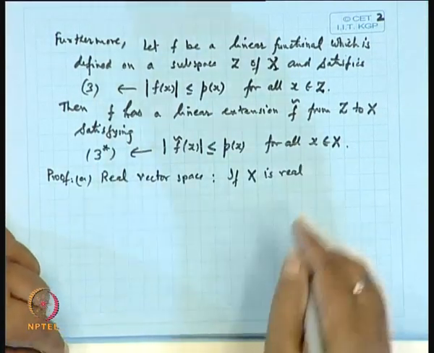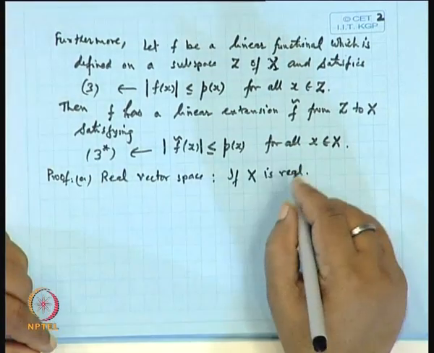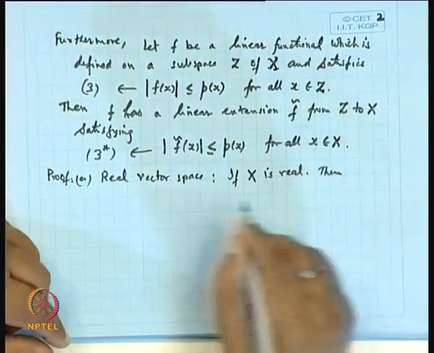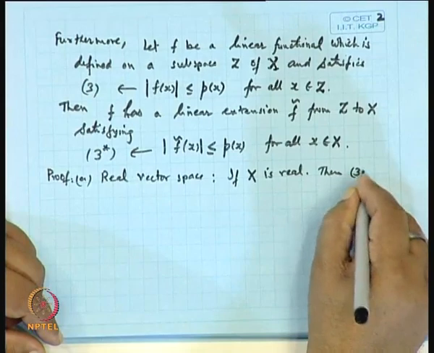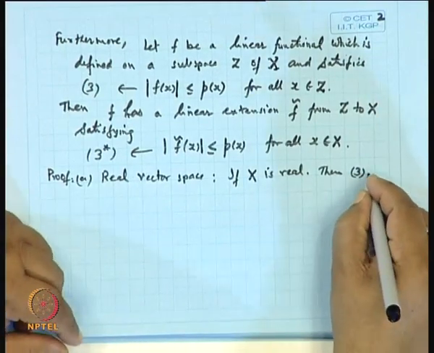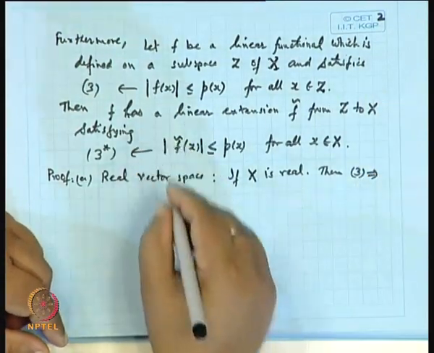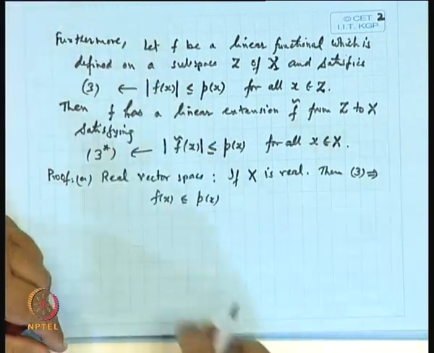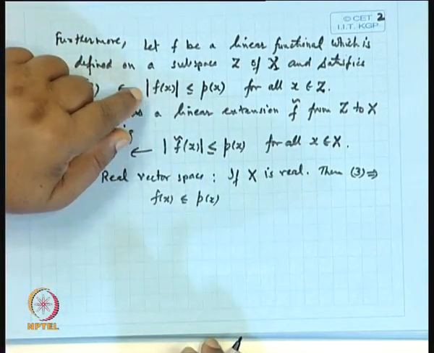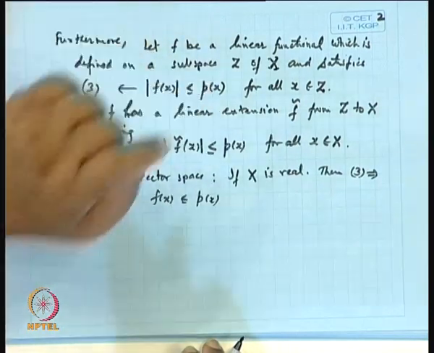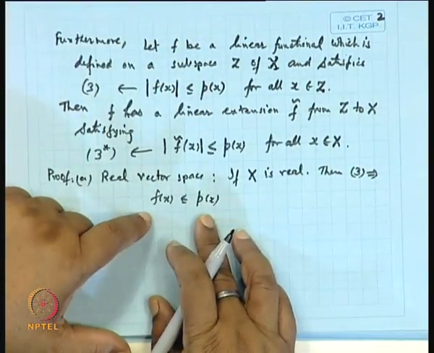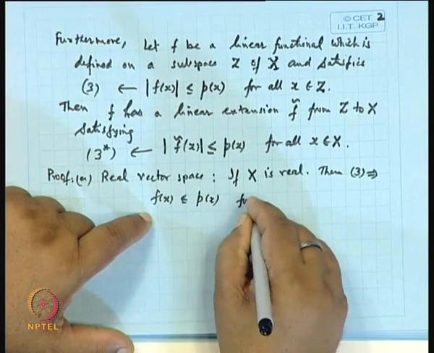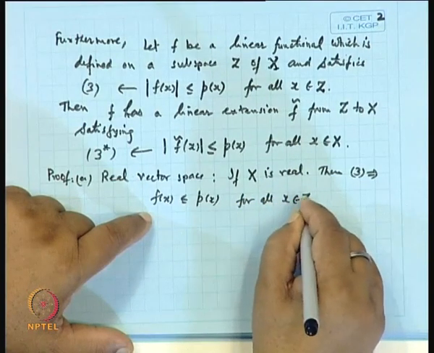Then 3 implies that f x will be less than or equal to p x, because f is real. So either it will have a positive value or a negative value, but the absolute value is less than p x. So f x will be less than or equal to p x for all x belonging to Z.